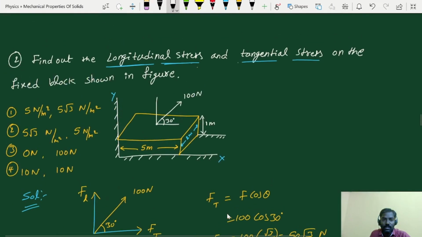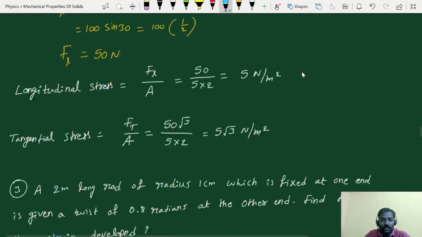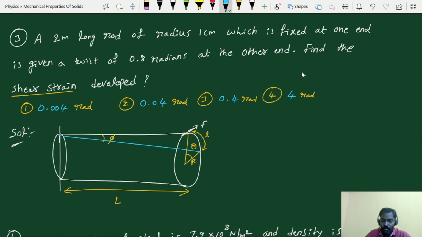So longitudinal stress and tangential stress are correspondingly 5 Newton per meter square and 5 root 3 Newton per meter square respectively. Option 1 is the suitable answer. Then let's move on to the next question. First read the question, pause the video and try from your end.